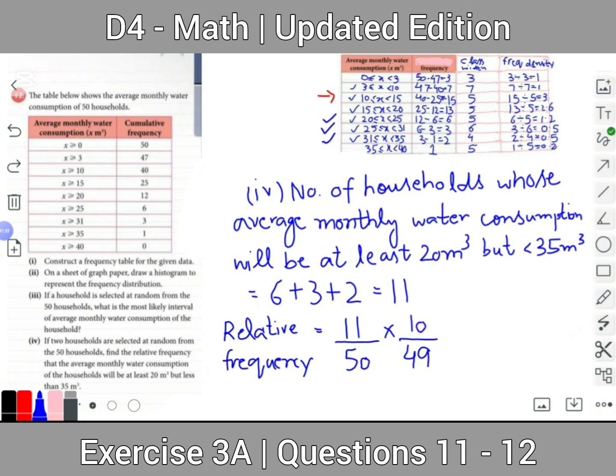Now after simplification with the table of 5, 5 2s are 10 and 5 10s are 50. Further simplification gives us 2 1s are 2 and 2 5s are 10. So here we have 11 divided by 5 multiplied by 49, which gives us 245. So the relative frequency that the average monthly water consumption of the households will be at least 20 meter cubes but less than 35 meter cubes is 11 over 245.